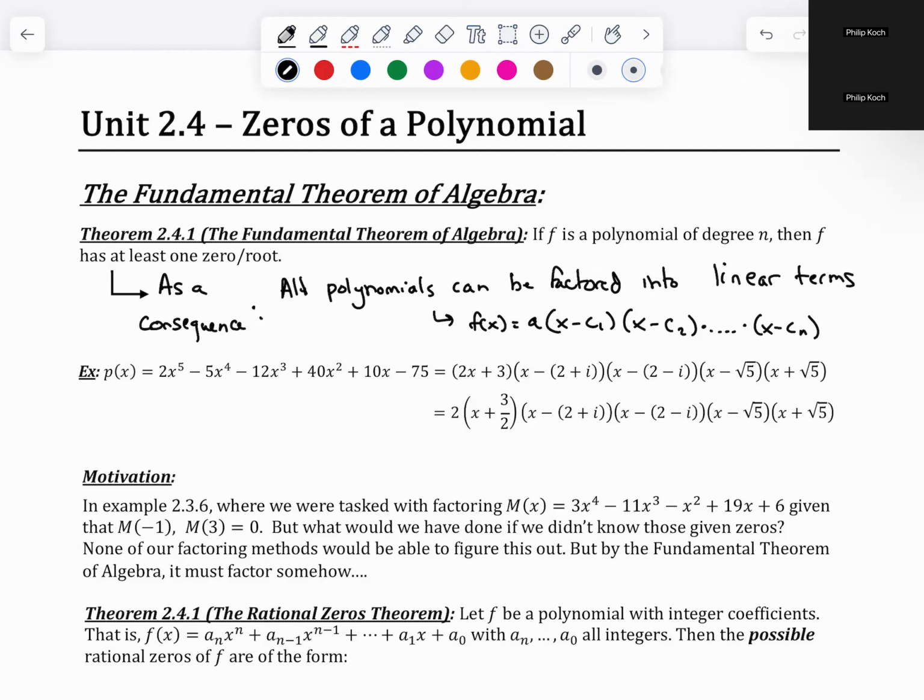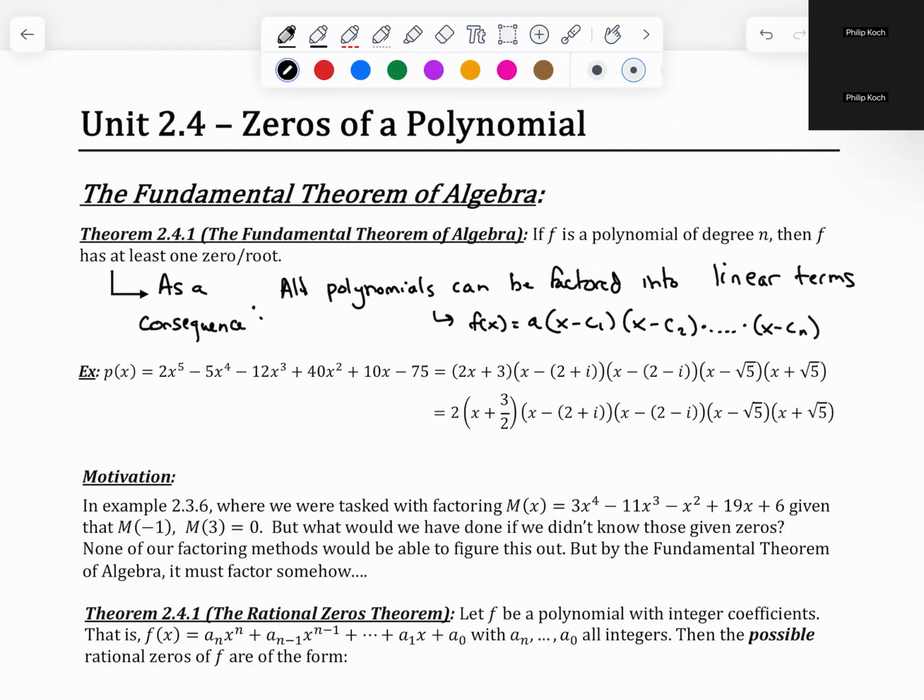So, as I've shown you right here, p of x equals 2x to the fifth minus 5x to the fourth minus 12x cubed plus 40x squared plus 10x minus 75. That thing does get factored down into 2x plus 3 times x minus the quantity 2 plus i times x minus the quantity 2 minus i times x minus the square root of 5 times x plus the square root of 5.